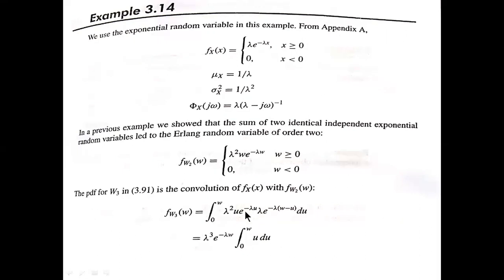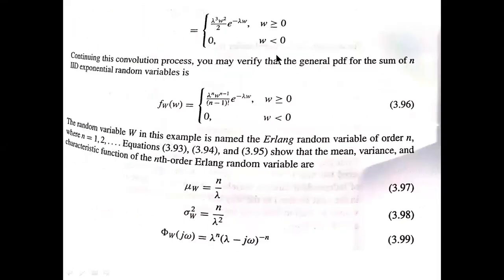And if you solve this, e to the power of minus lambda w has nothing to do with du, so you can take that out. You are left with u du. U du will give you u square by 2 as the integral, and if you substitute the limits, it will become w squared by 2, and this remains as it is. So then you'll get lambda cube w squared by 2 e to the power of minus lambda w for w greater than or equal to 0, and 0 for w less than 0.